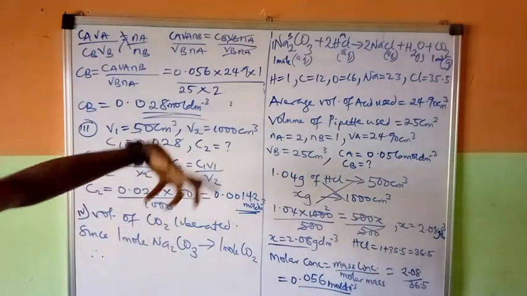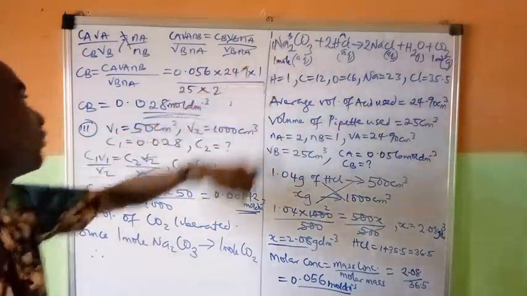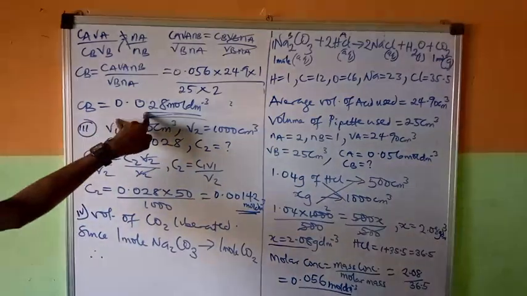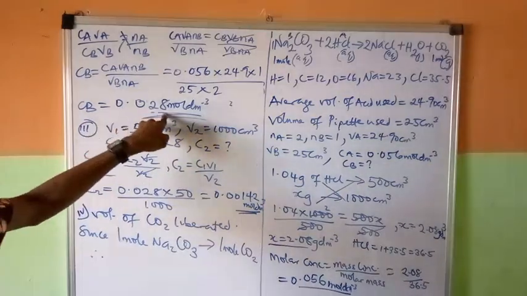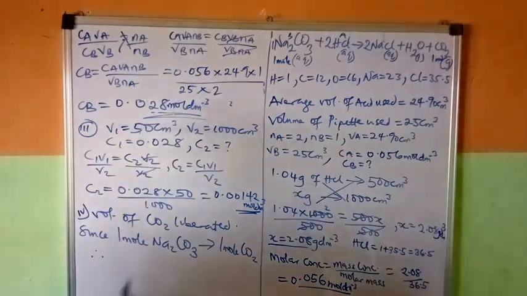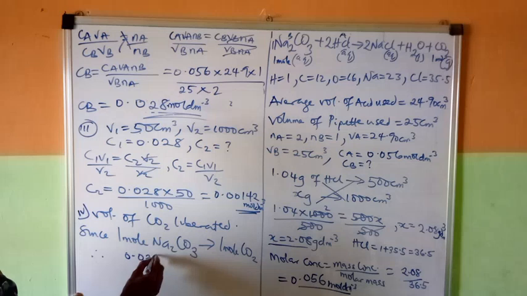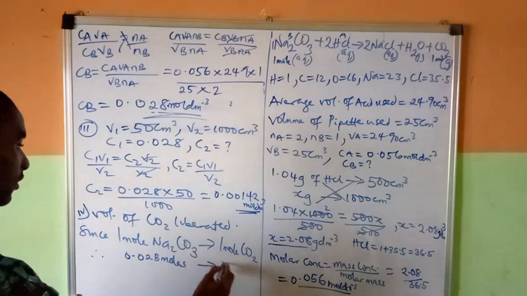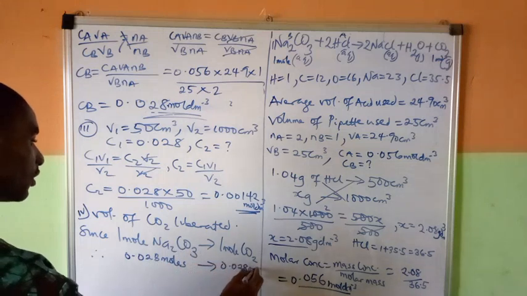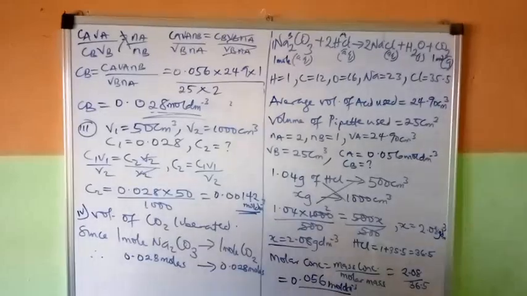We can get that mole from the molar concentration of our base, which is CB. And the molar concentration of our base is 0.028 mole per dm³. So that means 0.028 moles of this will also give 0.028 moles of CO2.